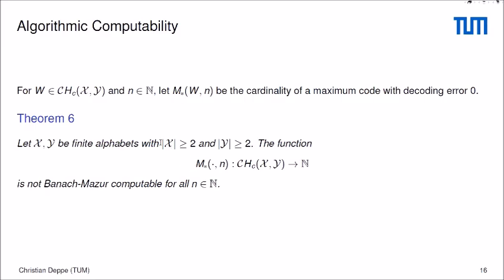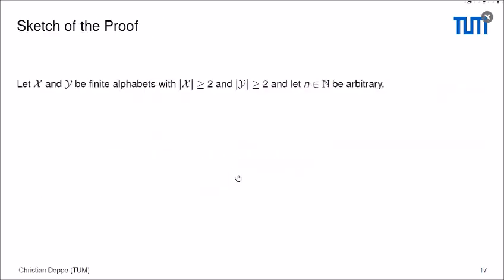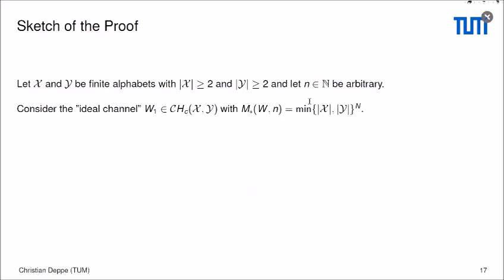Our theorem says if the alphabets have cardinality greater than or equal to 2, then M* is not Banach-Mazur computable as a function of the channel. The proof is very similar to the previous proof. So let X and Y be alphabets of cardinality greater than or equal to 2, and n be a natural number.